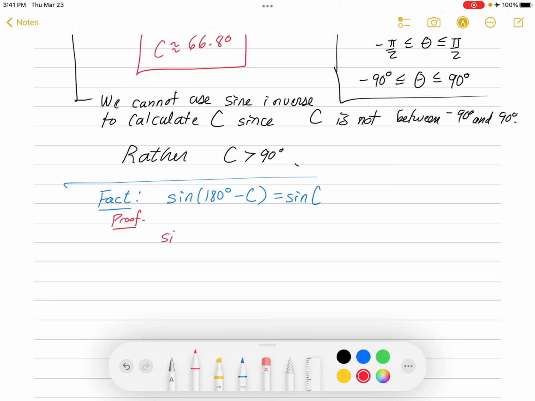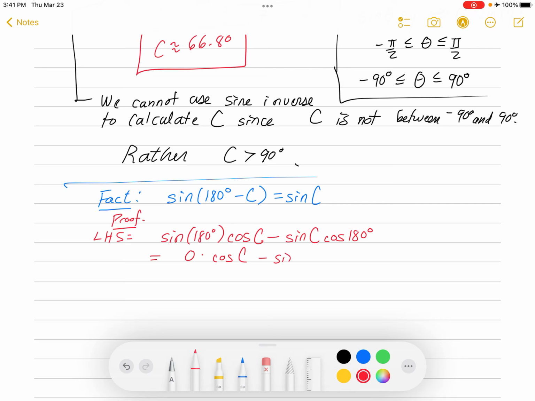If I use the difference formula for sine, I get the sine of 180 times the cosine of C minus the sine of C times the cosine of 180. That's the left-hand side of my equation. Sine of 180 is 0.